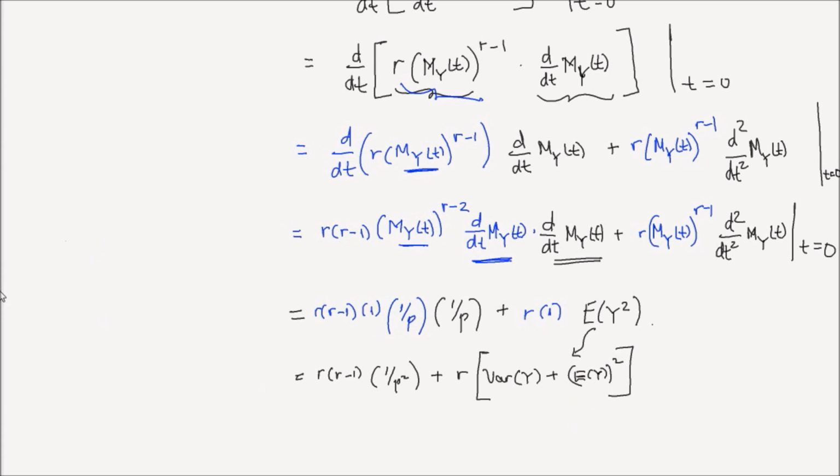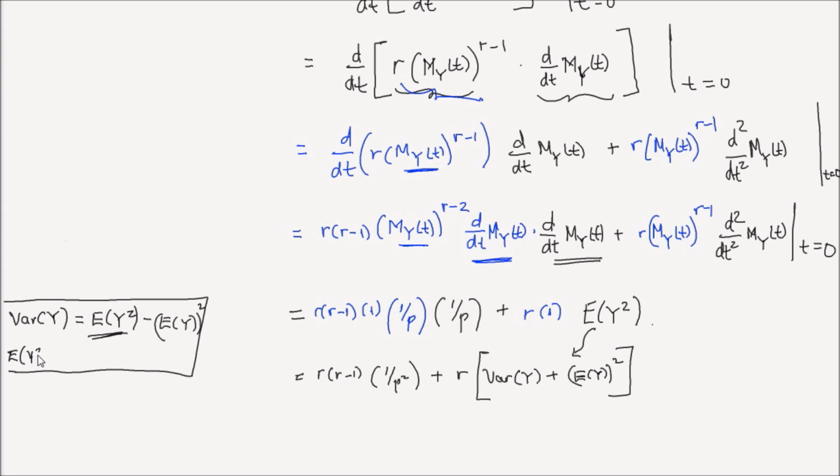How did I get that? We know that the variance of y is equal to the second moment of y minus the first moment quantity squared. So if you make the expected value of y squared the subject of the equation, then you get that to be the variance of y plus the first moment of y, the whole squared. And that's what I have.